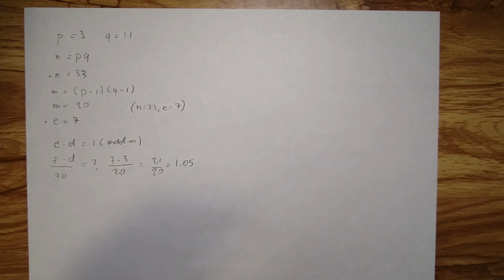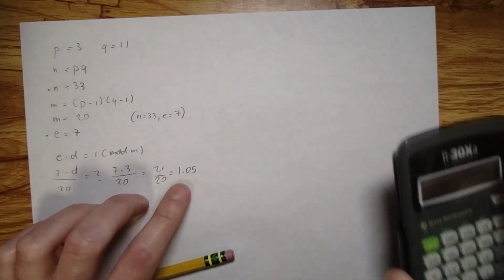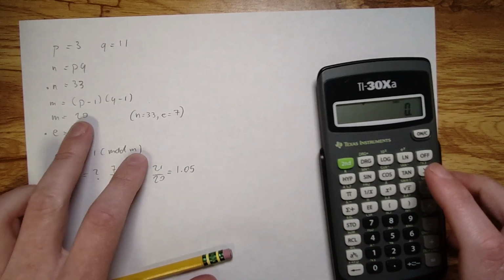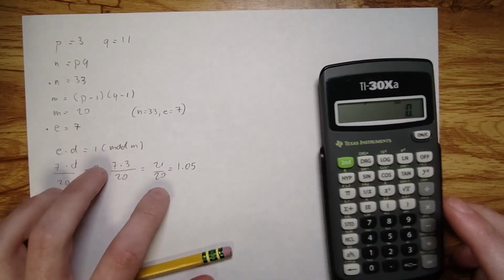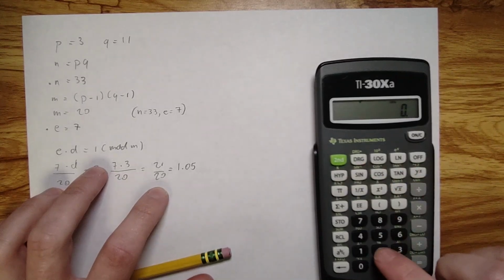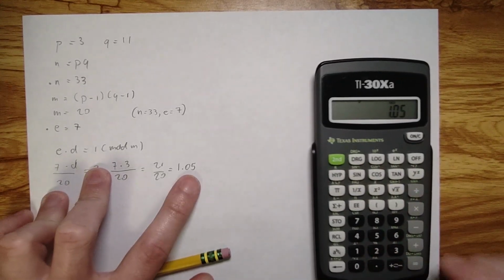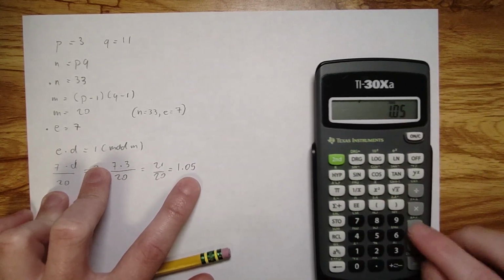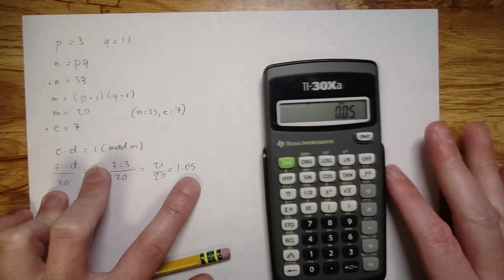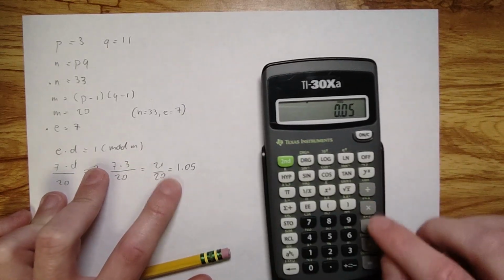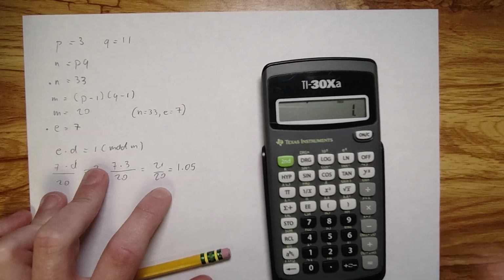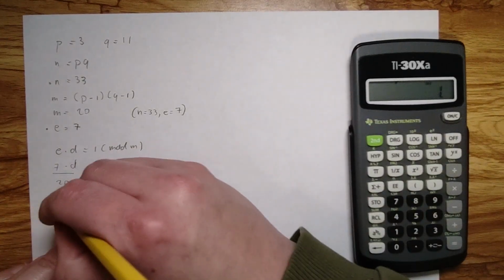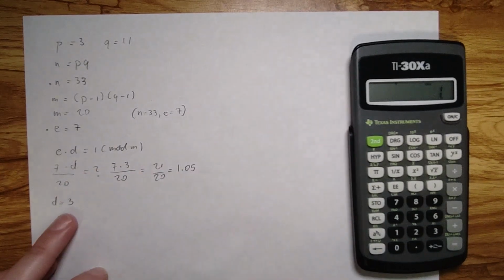Modulo 20 is going to work here. Let's see. If you do 21 divided by 20, just to confirm, yes, it's 1.05. Let's remove the 1 because we need only the remainder part of it. And let's multiply that by 20. That's 1. Okay, so in this case, we can confirm that D is 3.